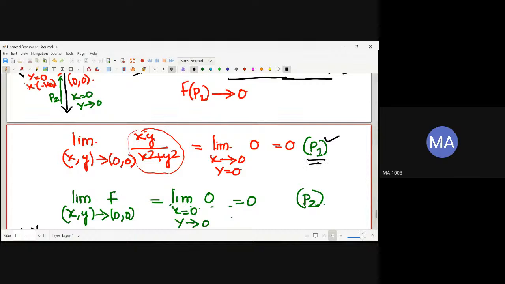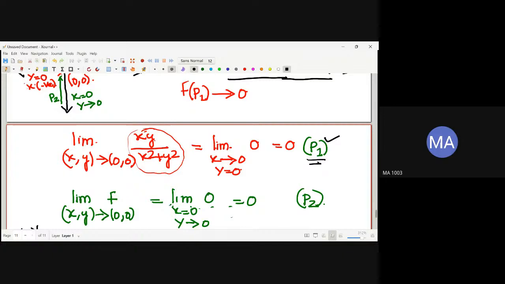As you can see, when I'm using path 1, I'm getting 0, and when I'm using path 2, also I'm getting 0. But by checking just two paths, I cannot conclude anything because there are infinitely many paths. But if I take this line x equal to y, then I'm getting half.